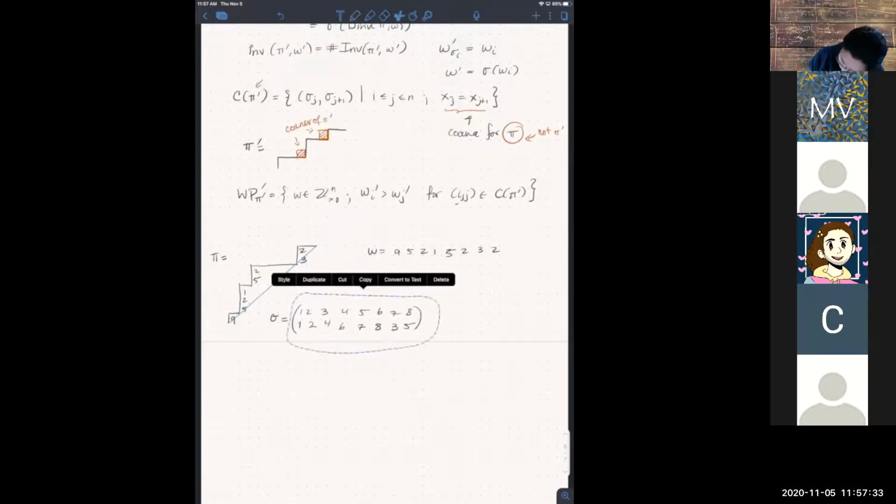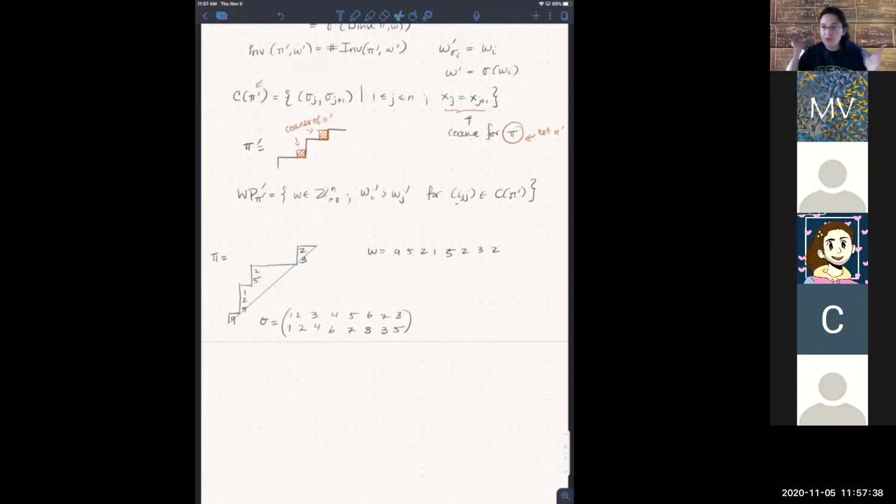If you want to know how I got this permutation, just do everything we've done for pi prime. It's a good exercise, and then check that you're getting this.